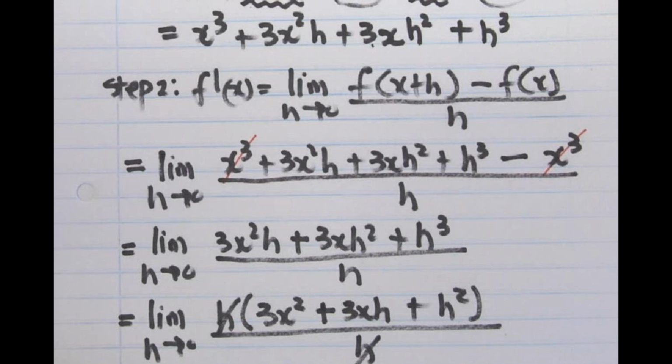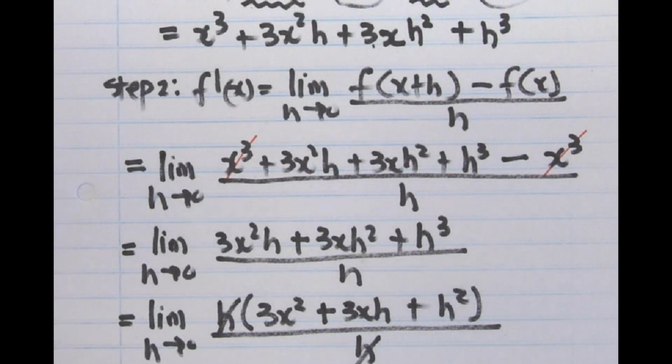limit as h approaches 0 of 3x squared plus 3xh plus h squared. But because we are approaching 0 here, this part here is going to disappear, this part is going to disappear, or they are going to approach 0 as well.